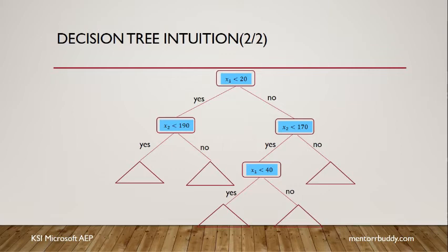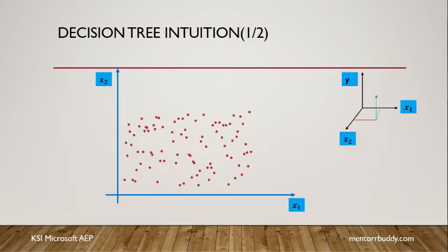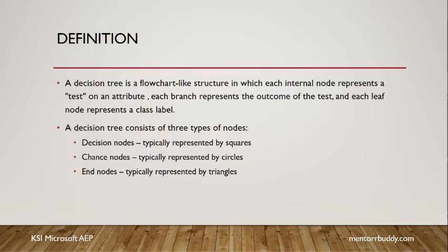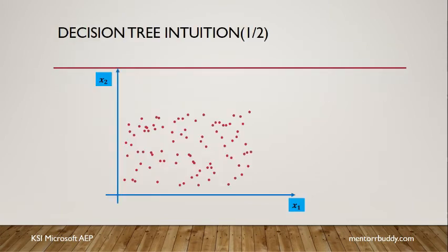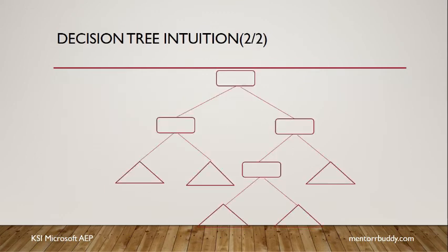These are the chance nodes, and as in the previous slide, the end nodes are represented by triangles. These triangles represent the output of the y column depending upon all of these different sections.